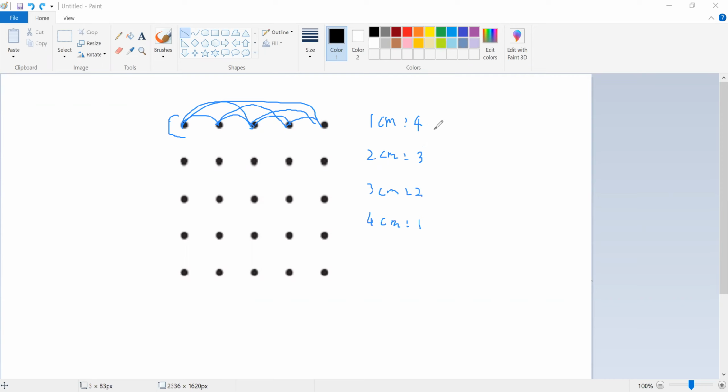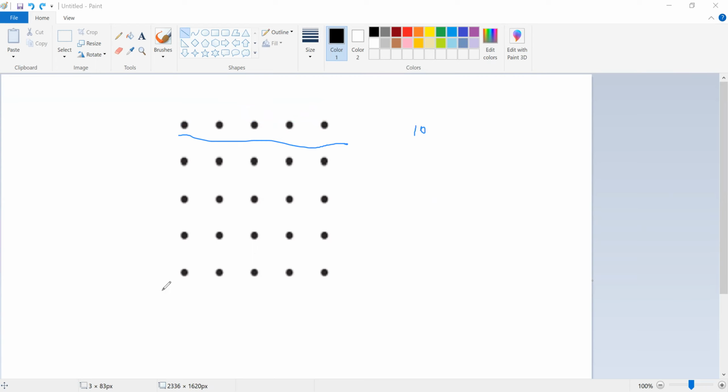If we add them up, we have the number of ways you can choose horizontally, which is 10 for this row. And there are 5 rows, and all of them have the same reasoning. So that is 10 times 5.